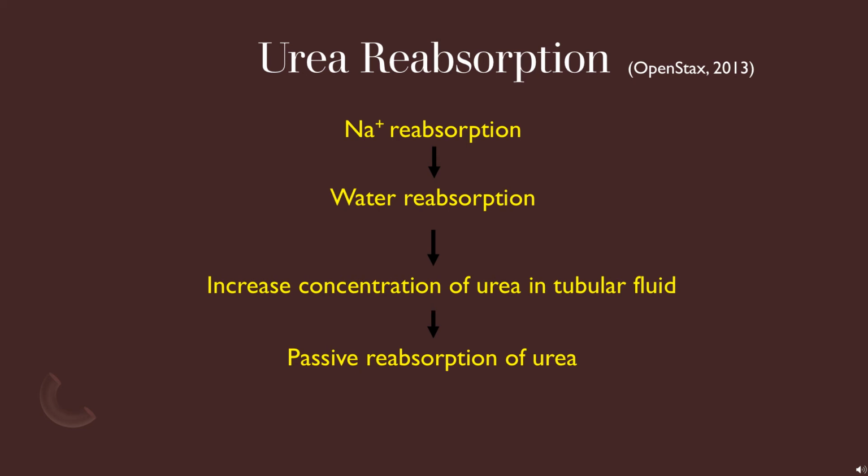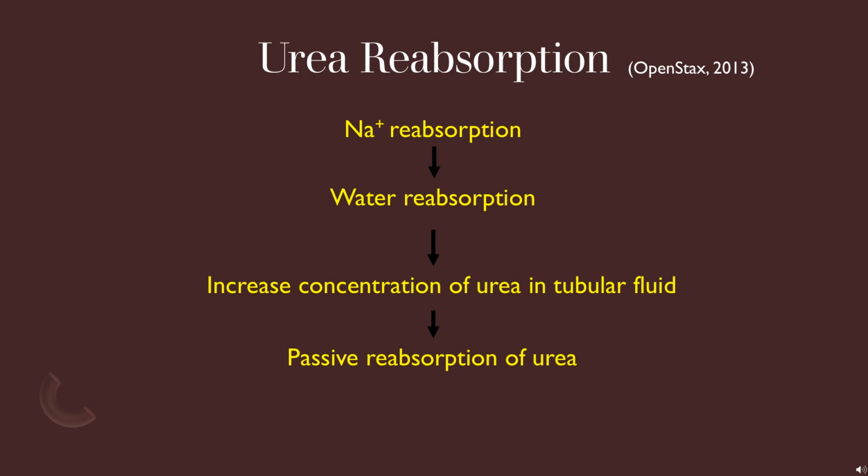About 125 milliliters of filtered urea is present at the beginning of the proximal tubule. This amount is multiplied 3 times towards the end of the proximal tubule, which means that the urea concentration in the tubular fluid now surpasses the urea concentration of the capillaries.